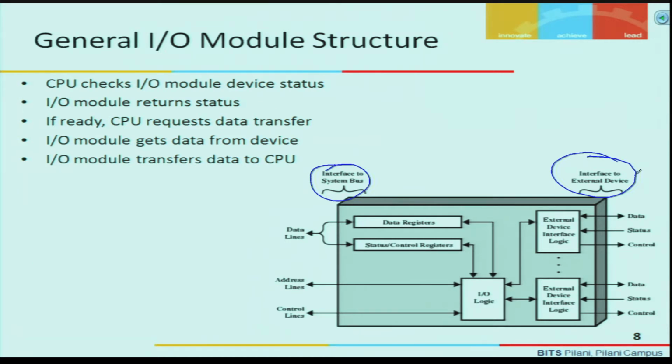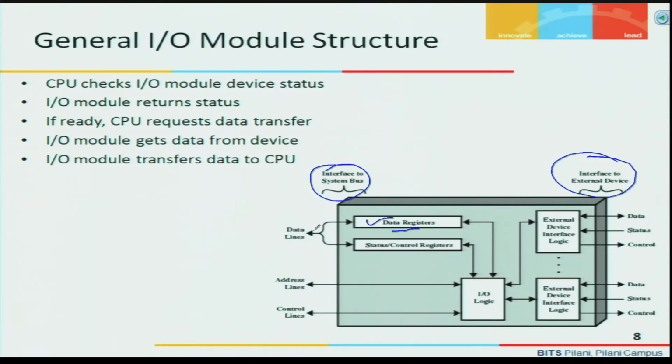And it has the data register, in which the data is kept. Suppose in case of a read operation, the processor initiates a read operation. After reading the data from the device, it will keep the data in the data register. So this is a buffer.